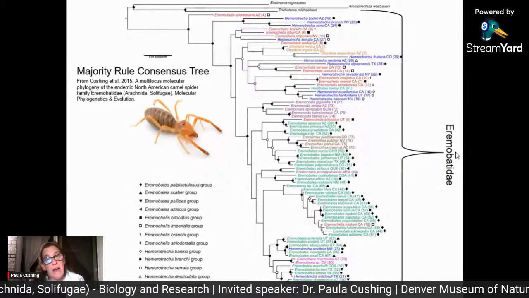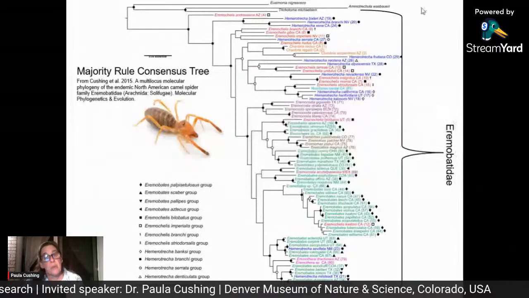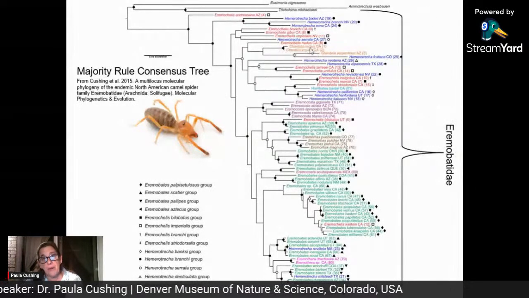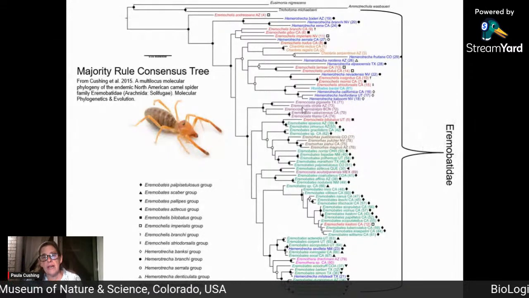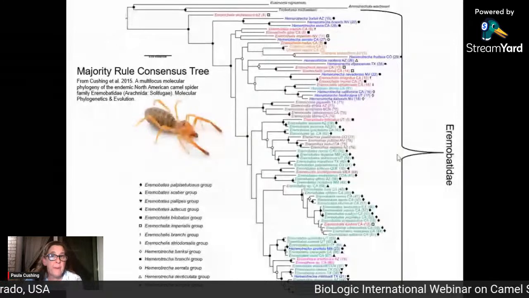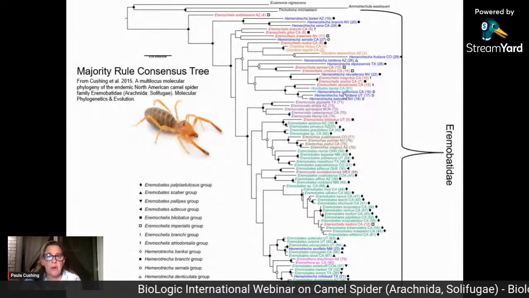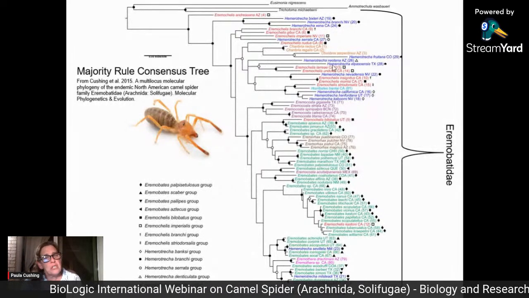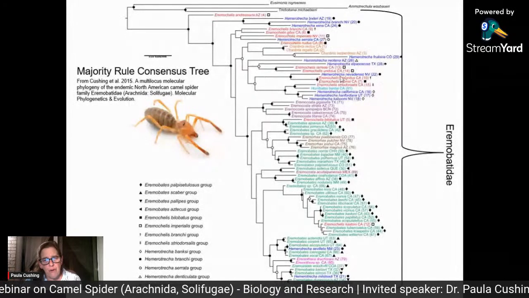And what we found is that some of the genera were fairly well-supported clades, like this genus Chambria shown in orange here, and the genus Eremocosta and the genus Eremorhax. But some of the other genera, such as the genus marked in blue, Hemerotrecha, those species in the genus Hemerotrecha are coming out all over the tree.